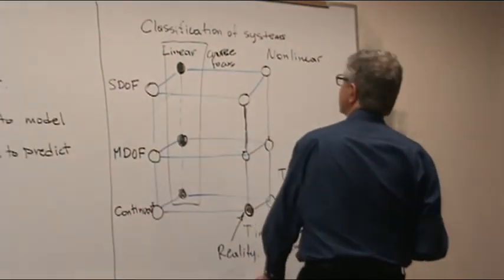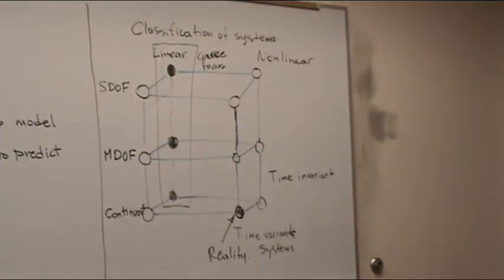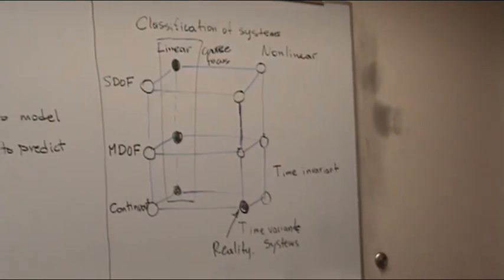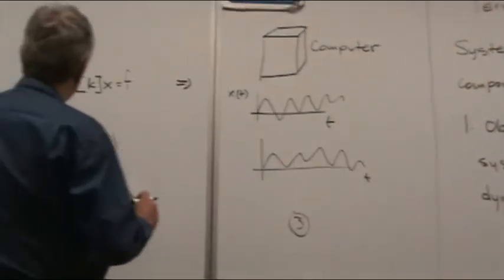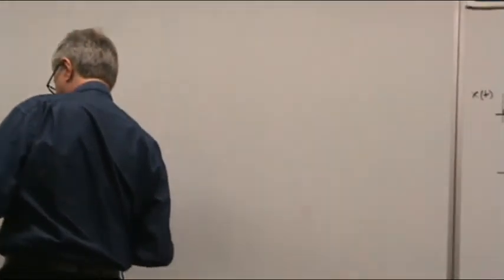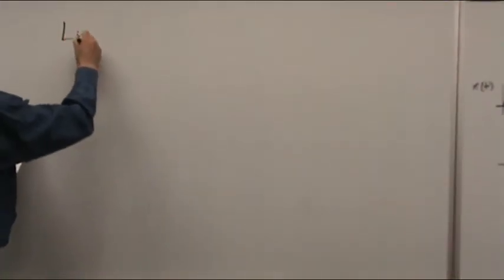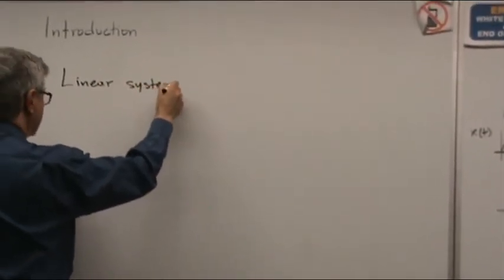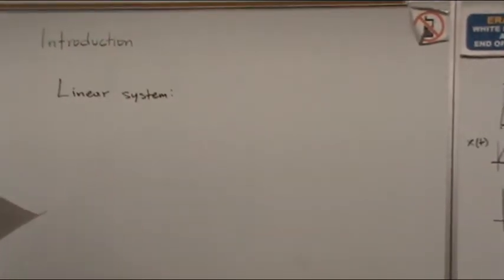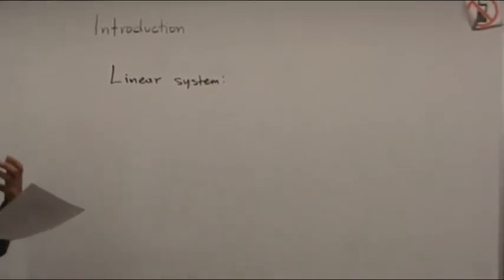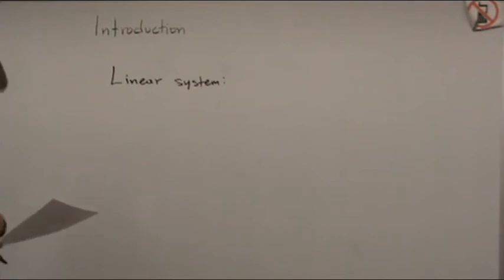Let's expand on the definition of a linear system. Linear system. The equation of motion has terms that are linear in terms of the unknown responses and the derivatives.